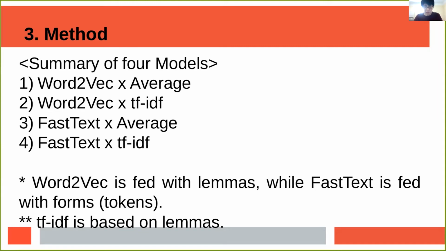So I propose the following 4 models. Word2Vec and average is exactly the same model that I used last year. And the remaining 3 models are proposed from the new aspects. So that's about the models.